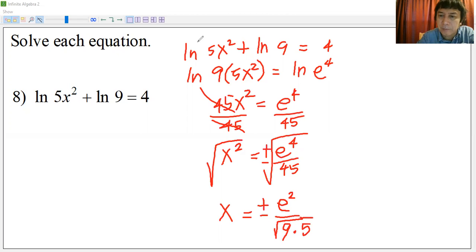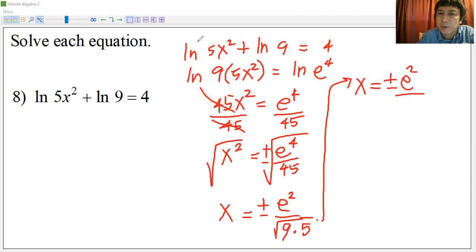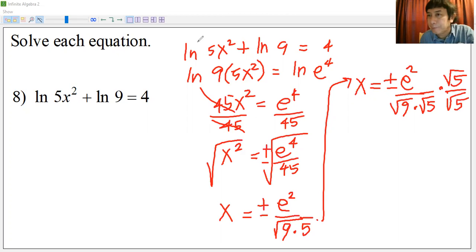Like that. And so we can continue here: x is equal to plus or minus e squared, square root of 9, and we have there times the square root of 5. We can multiply and rationalize this by multiplying the numerator and the denominator by square root of 5, like that.